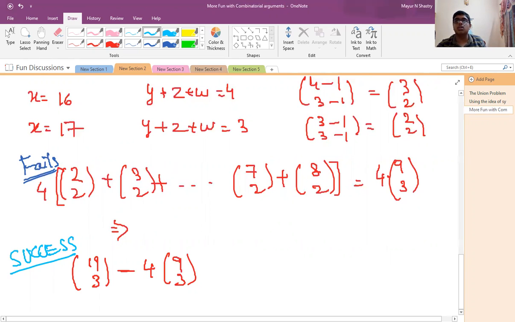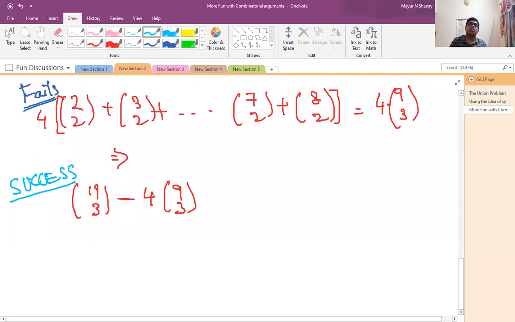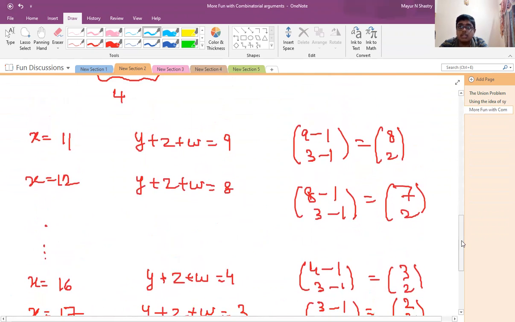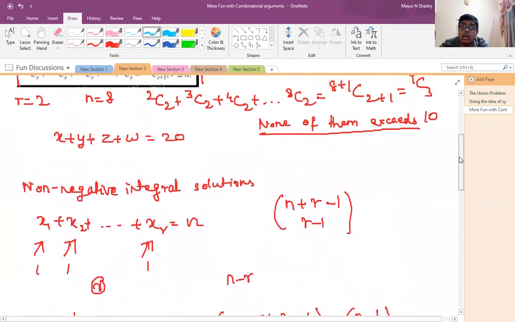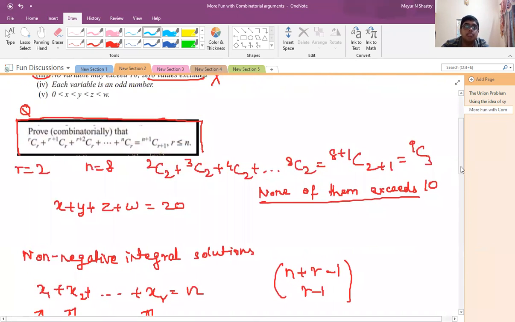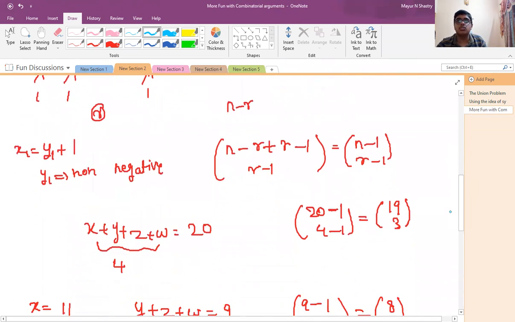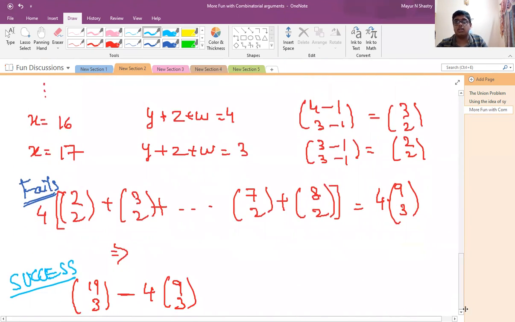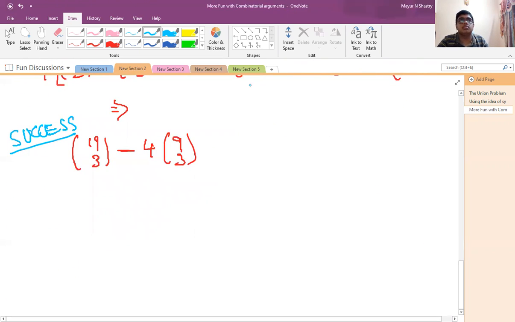But now I got an idea that maybe that formula, which I just used now, can be proven using this number of integral solutions thing. So that's the idea I got. And so let us do that. Yes, let us do that.